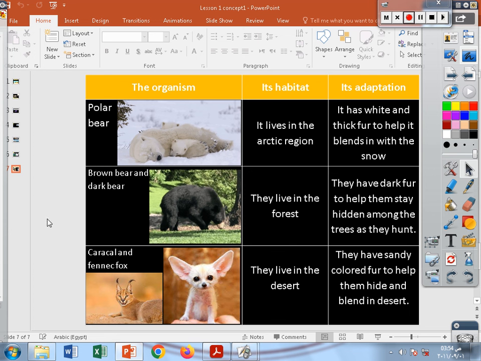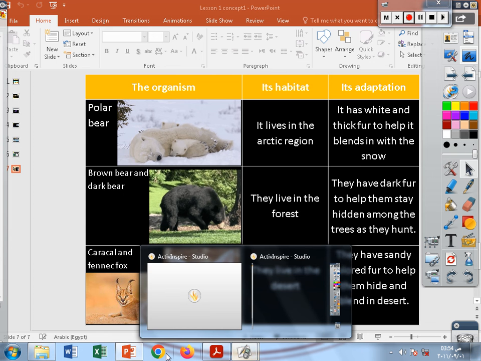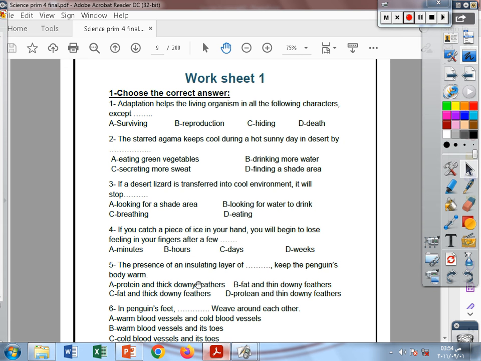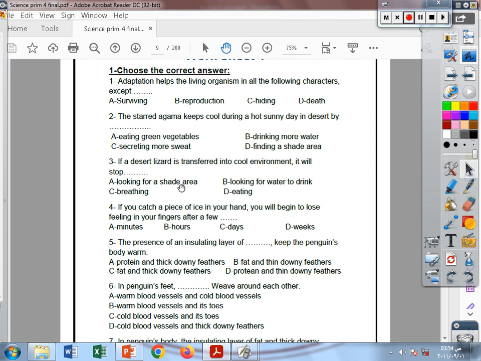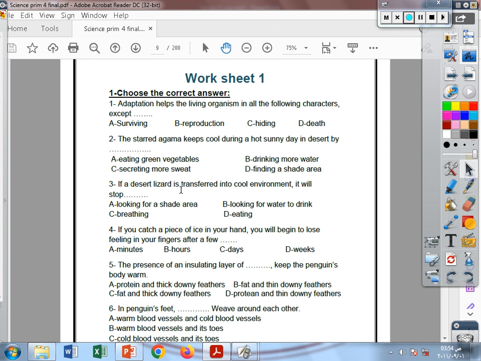Okay, that is the end of lesson 1, and let's answer some questions together. If we open worksheet 1 in the booklet, on page 9, let's answer together. Adaptation. Choose the correct answer.